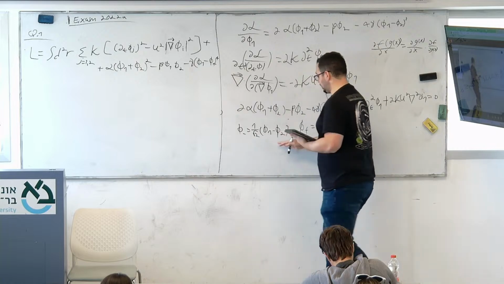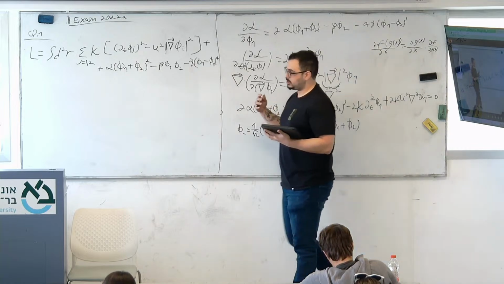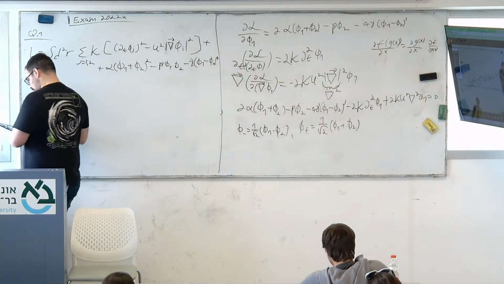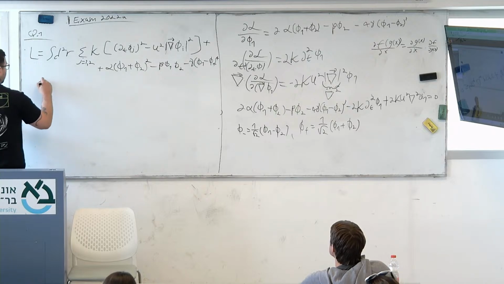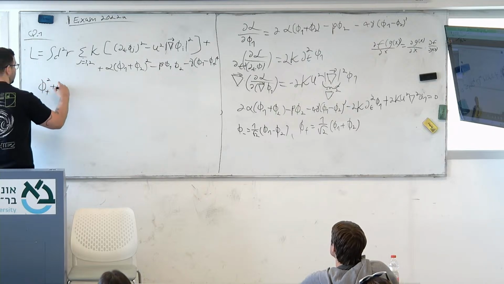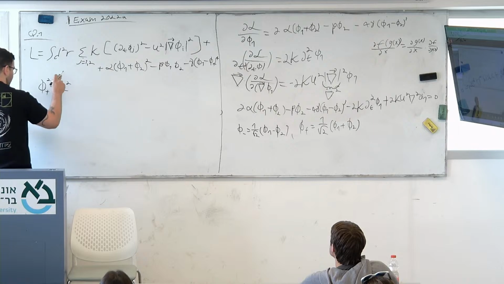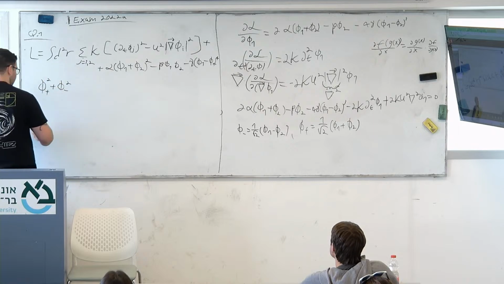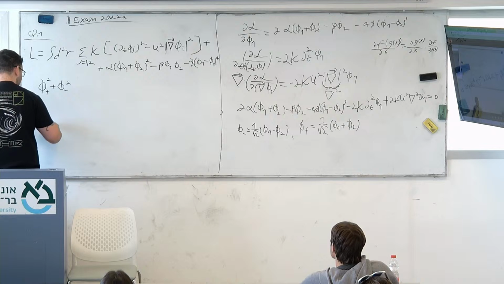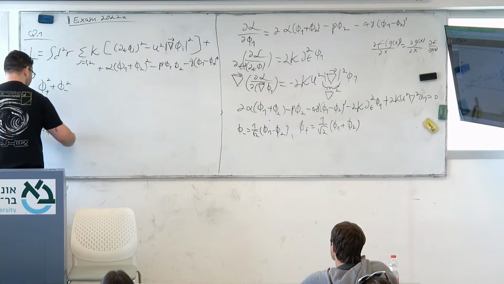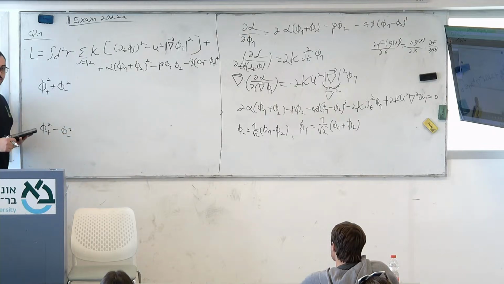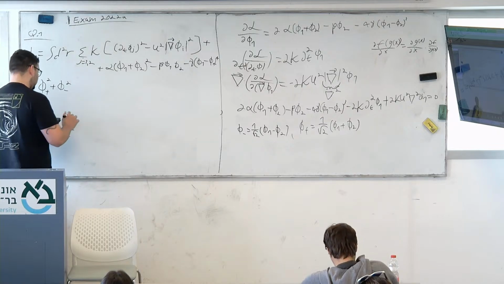When you have this sort of plus minus relation, the special cases that come to mind are phi plus squared plus phi minus squared, and phi plus squared minus phi minus squared. Let's see what each of them will give us.